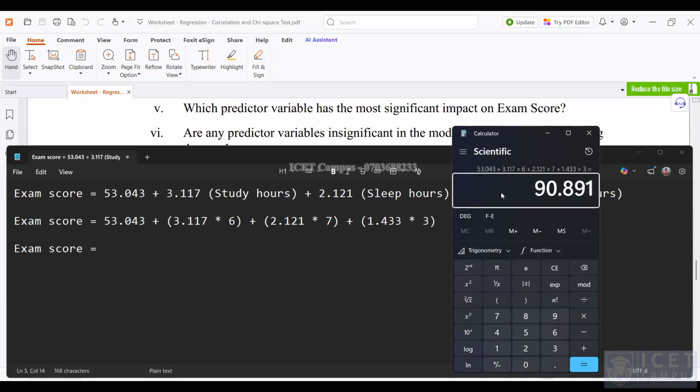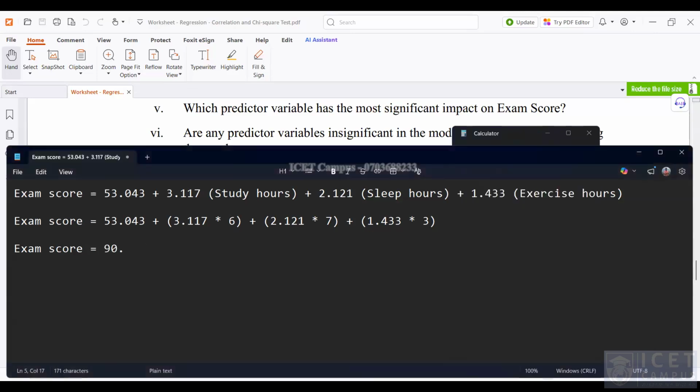The score is 90.891, which is approximately equal to 91.